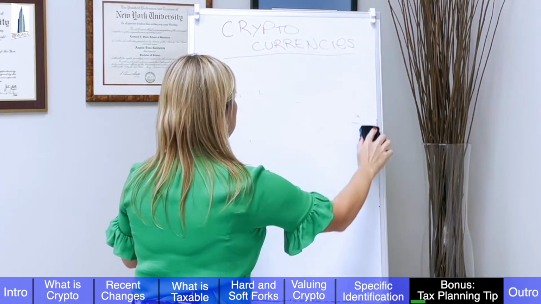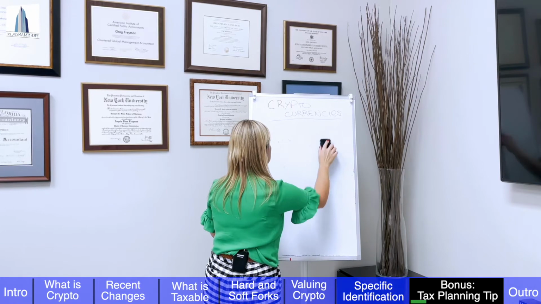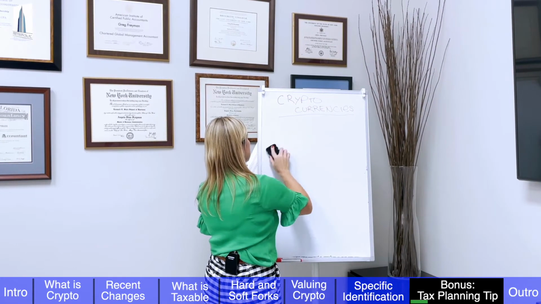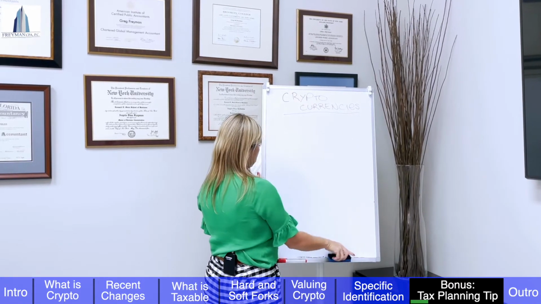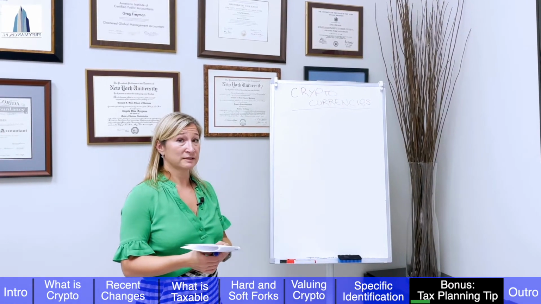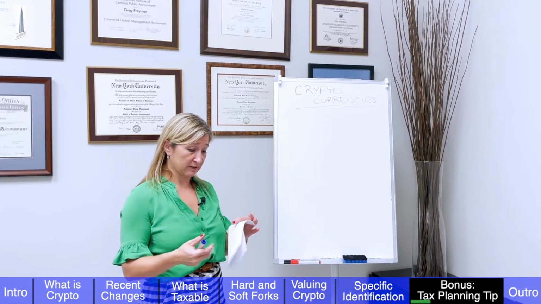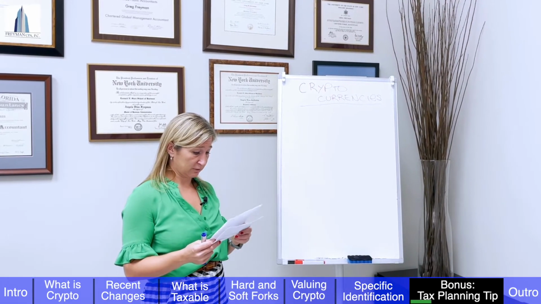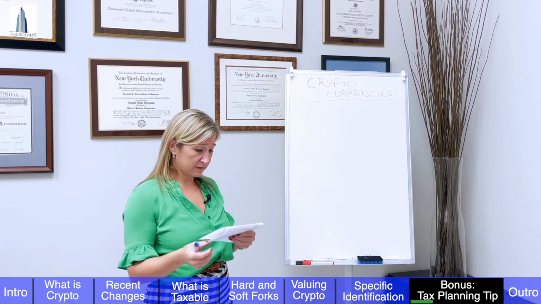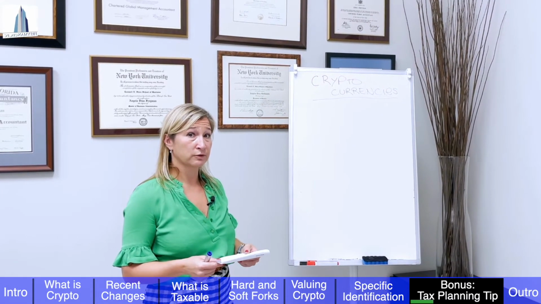Short-term is taxed at ordinary rates, long-term is taxed at capital gains rates, which may or may not go up significantly in the coming years, depending on this new legislation coming out from our government. We'll see about that. But let's say your crypto holdings have greatly appreciated.